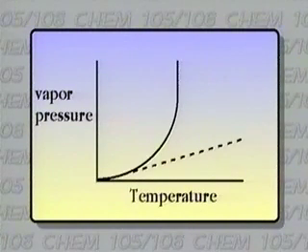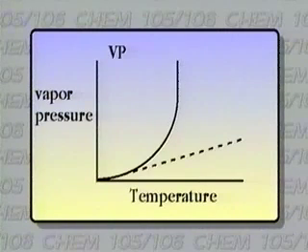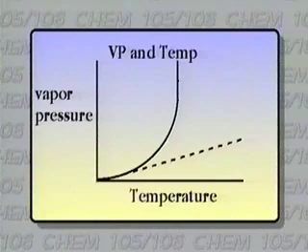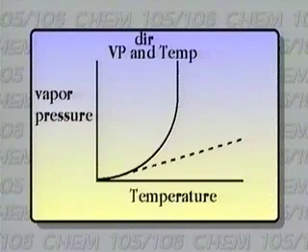This is called an exponential rather than a linear relationship. But vapor pressure is directly proportional to temperature. So if we increase the temperature of the liquid, we're going to increase its kinetic energy. We're going to increase the number of molecules that can escape from the liquid. We're going to increase the vapor pressure.